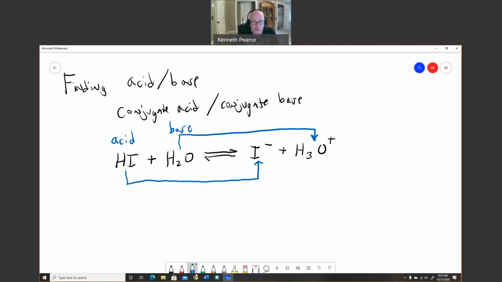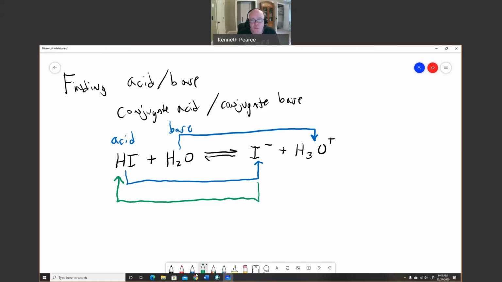If you look, you will see that as you go back in the other direction with the arrows, the I going to HI in the other direction, the green line, well, you go from no hydrogens to one hydrogen, so going backwards in this equation, the I has accepted a hydrogen to go to HI. Now, the definition of a base is a proton or H acceptor. And we can't call it a base on the right-hand side because, like I told you, the acid and base are always on the left.